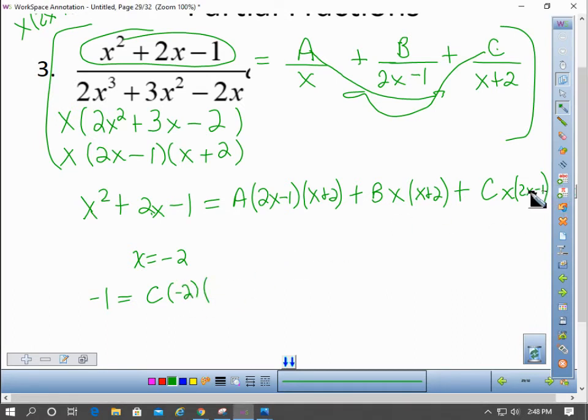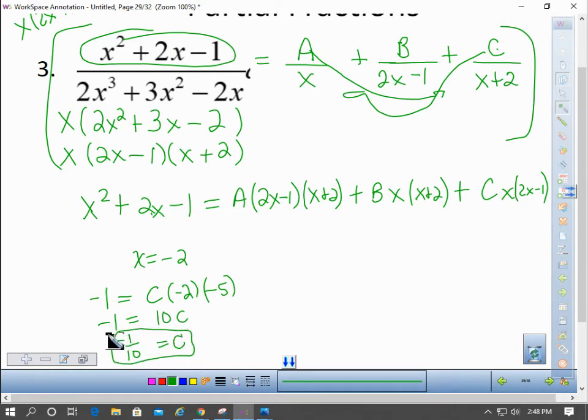And then -2 in here is going to make -4 minus 1 be -5. So I plugged a -2 in here, and then I plugged a -2 in there, and it gave me -5. So I'm ending up with -1 equals 10c. Yep, that's a 10c. And so c is -1/10. That's the answer for C. And that's what you want to keep. You don't want to try to fix it or do anything to it.